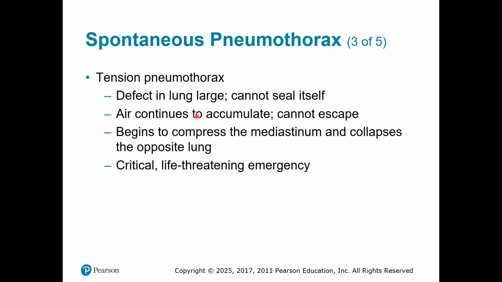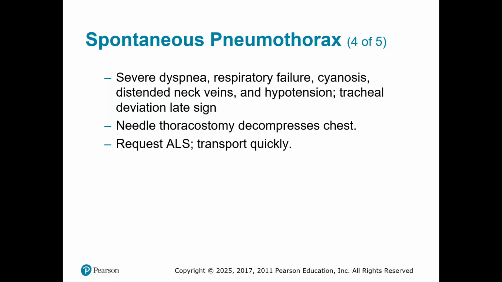Tension pneumothorax, this is where a spontaneous leads to a tension, right? So a defect in the lung, large, cannot seal itself. Air continues to accumulate. It cannot escape. It begins to compress the mediastinum and collapses the opposite lung. So this is a critical life-threatening emergency, right? So it's something we've got to worry about.